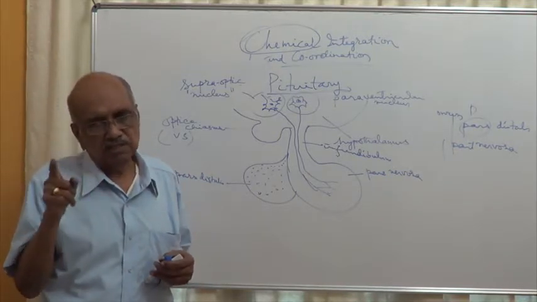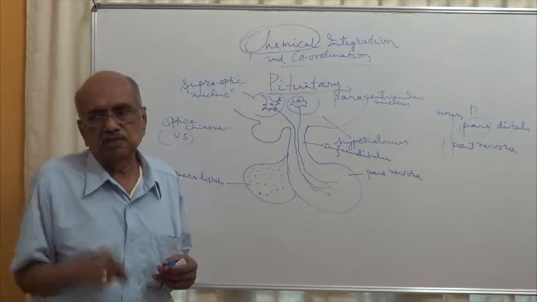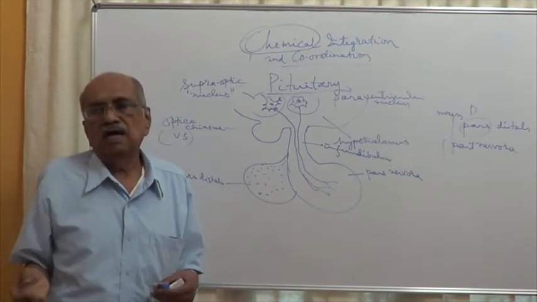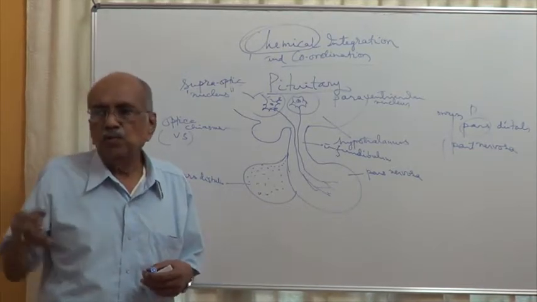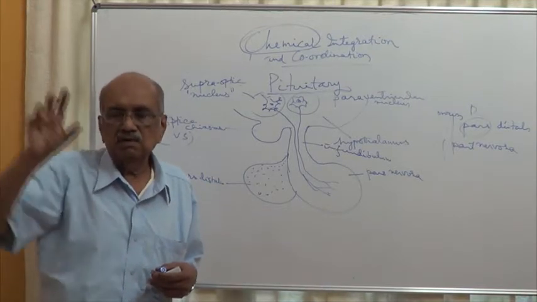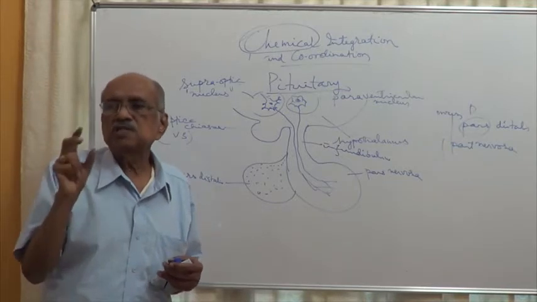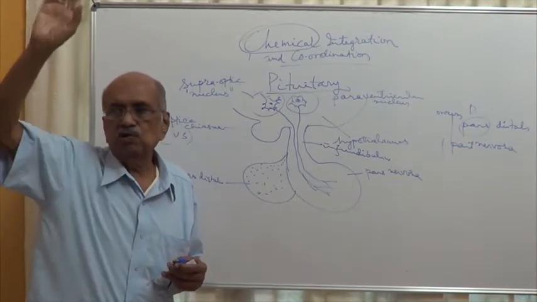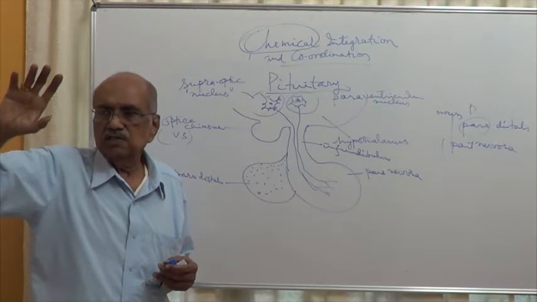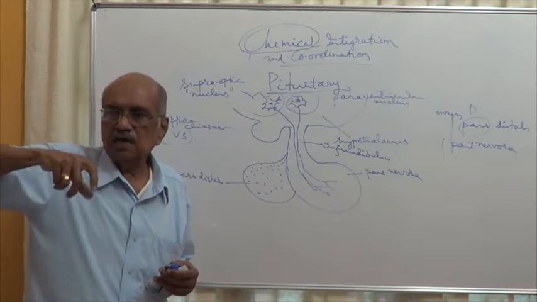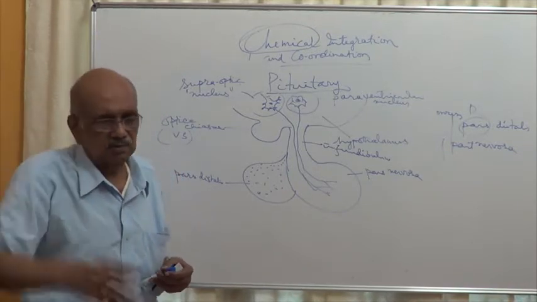A portal system we have seen in the digestive system is one where veins start in capillaries and end in capillaries. Normally, veins start in capillaries but do not end. In a portal system, not only they start in capillaries, they end in capillaries.